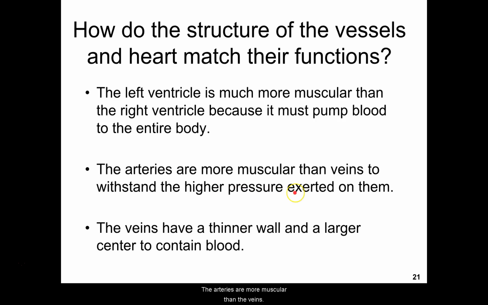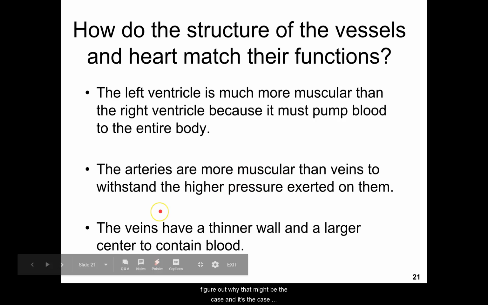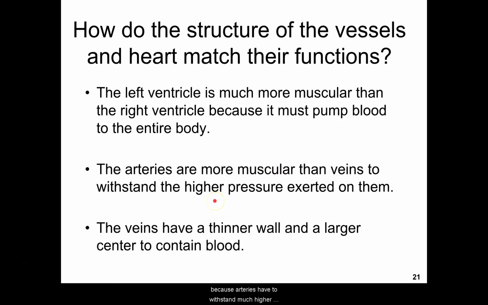The arteries are more muscular than the veins. This is logical as well, and you should be able to figure out why. Arteries have to withstand much higher pressure than veins do. Your arteries have to withstand the intense blood pressure from the heart pumping blood through them, and the veins do not.